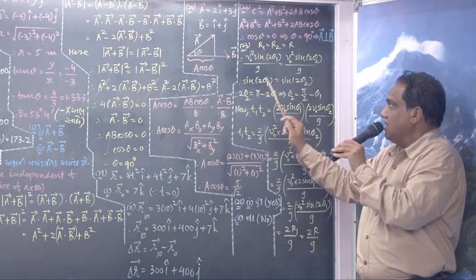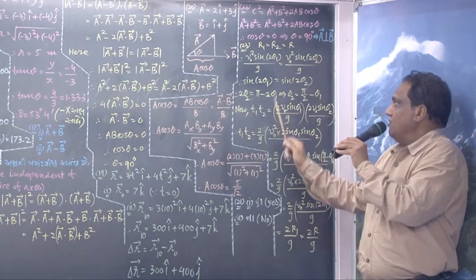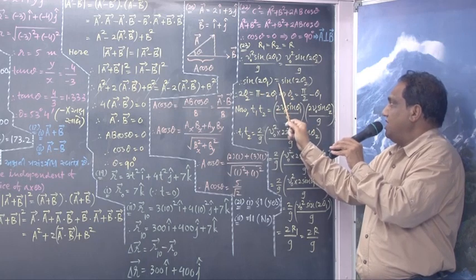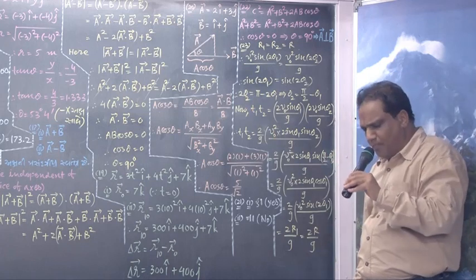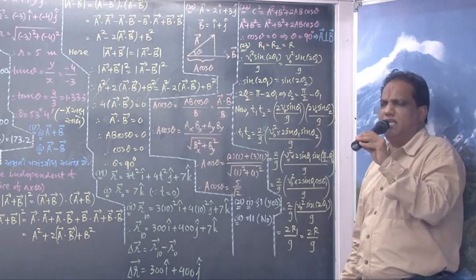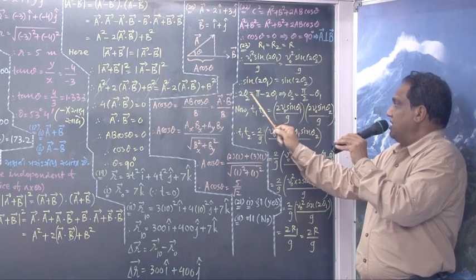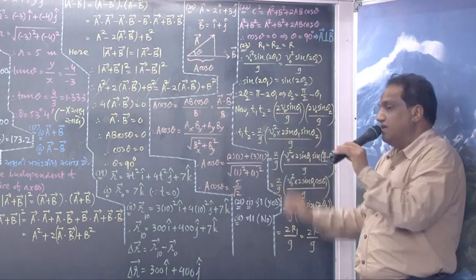Sine of 2 theta 1 equals sine of 2 theta 2. For two different angles, whenever sine function values are equal, I told you just now, the second angle equals pi minus the first angle. So the second angle, 2 theta 2, should be pi minus the first angle, 2 theta 1.